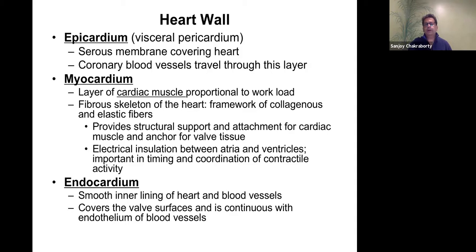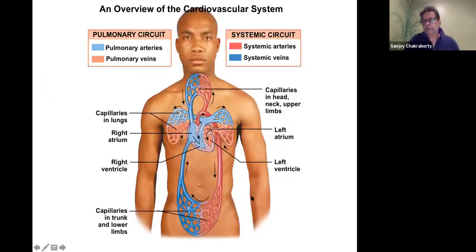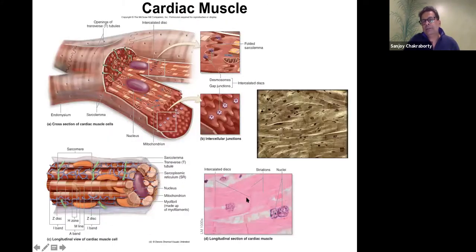If we look at the microscopic structure, cardiac muscle is kind of braided, so the cells come close to each other, and they create those dark lines. If I put two pictures here, both are exactly the same microscopic picture. Either way you look, you'll see a dark line appears between two cells.